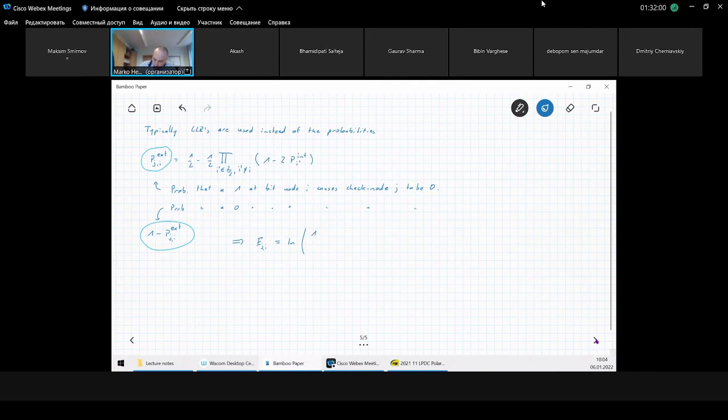So 1 minus P_Ji extrinsic, divided by P_Ji extrinsic.